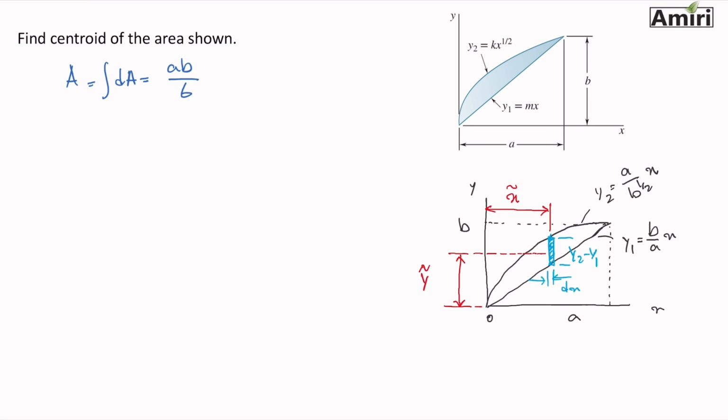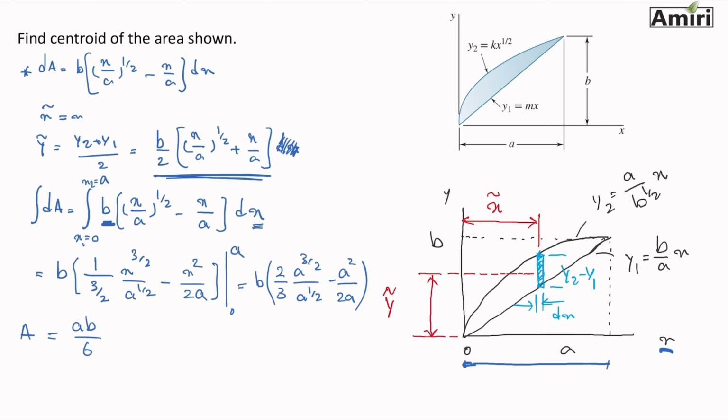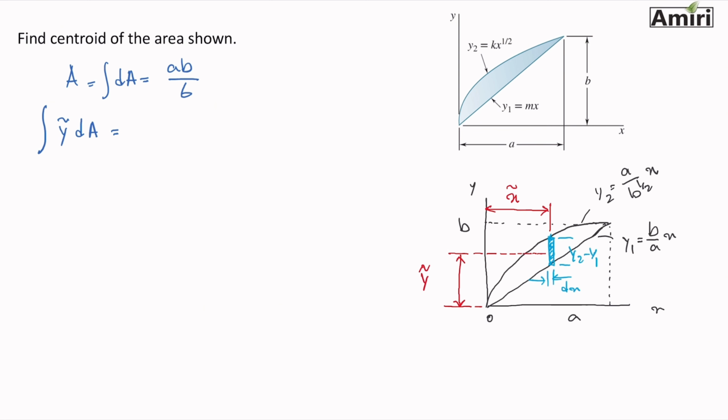All right, now we've got to do the integration of y tilde dA. I have to replace y tilde, which is this star equation, and dA is this one. So all I have to do is put both of these into the integral. It's going to be b over 2 x to the power of half over a to the power of half plus x over a.